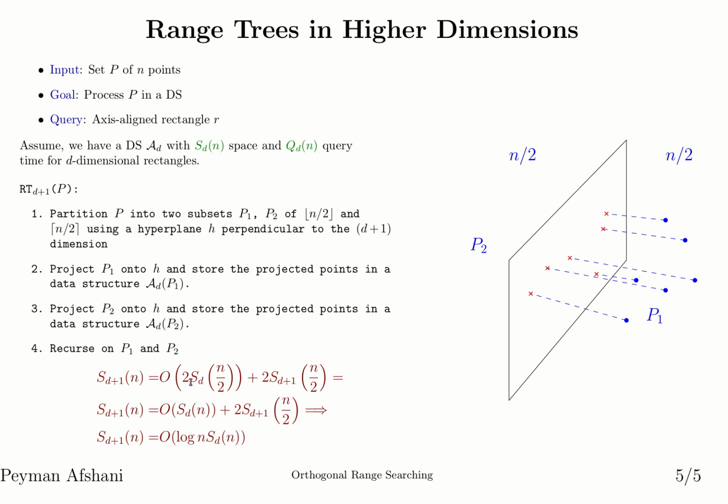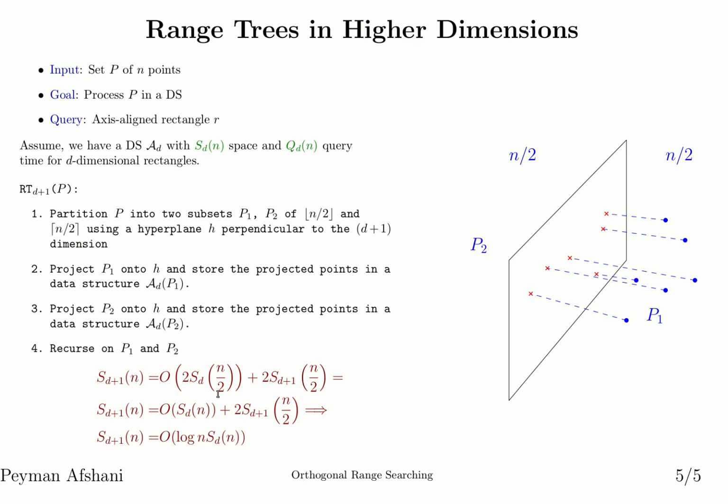Then we do the same for the other one, so we'll have 2 times SD of n/2 space used for lines 2 and 3. And finally step 4 is a recursion, so we'll have 2 times, because we're recursing twice, SD+1 of n/2 because P1 and P2 have size n/2.